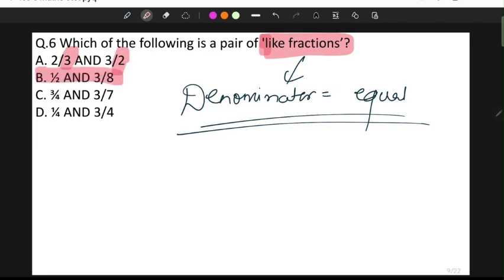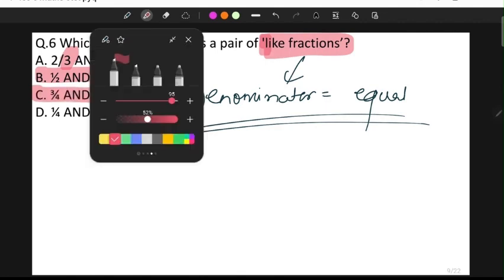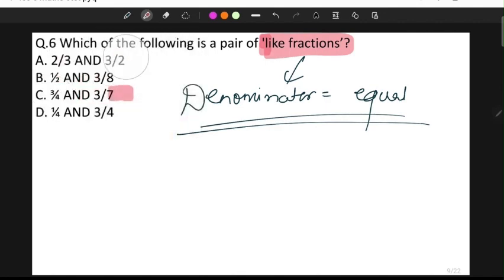In option 2, the denominator for the first one is 2 and for the second one is 8. Similarly, option 4 is again an unlike fraction because the denominators are different. But for the last option, option D, the denominators are equal, that is 4, and when the denominators are equal, it is a like fraction. So the correct answer is option D.